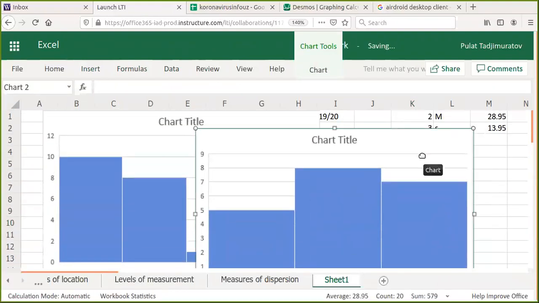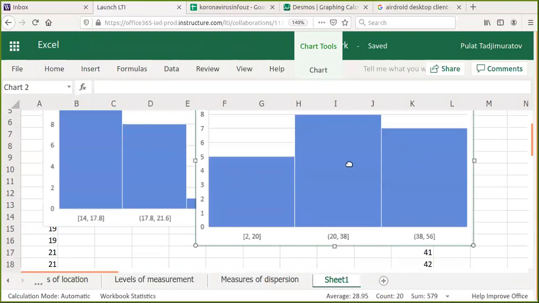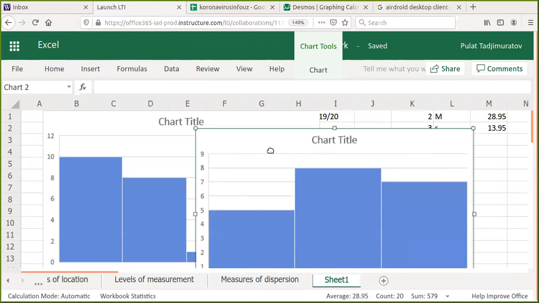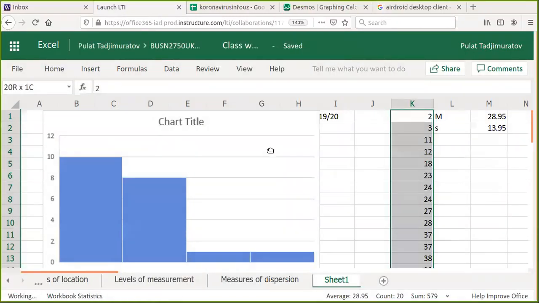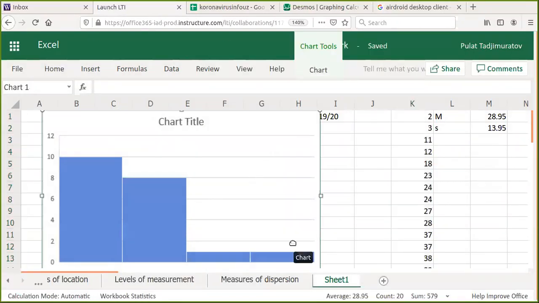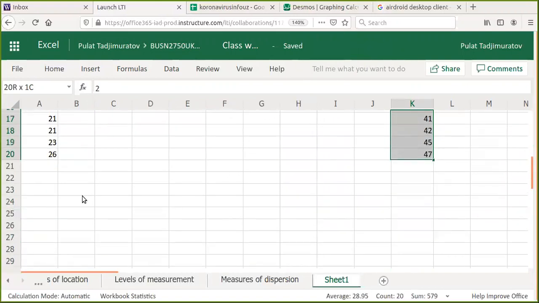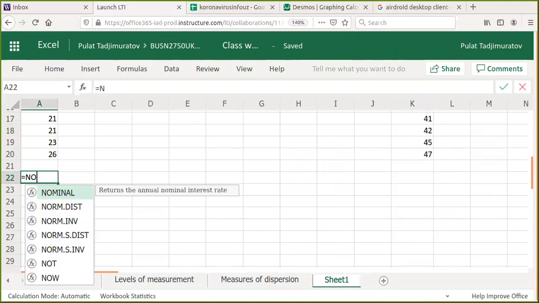So here it is. And in both cases, we see that almost all of our data lies within two standard deviations from the mean. It's not always true. So I'll take a third example now.